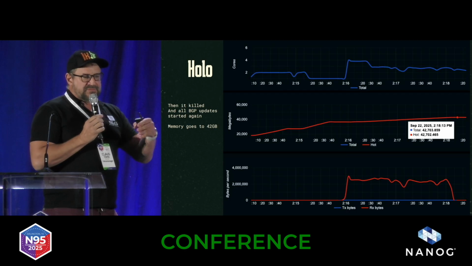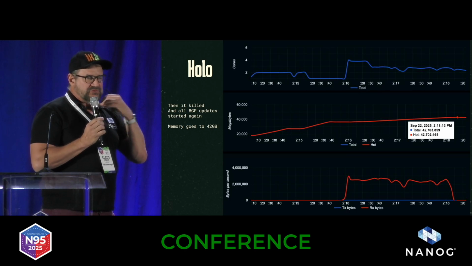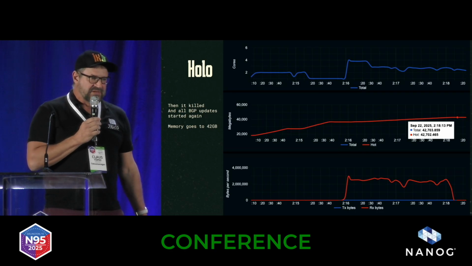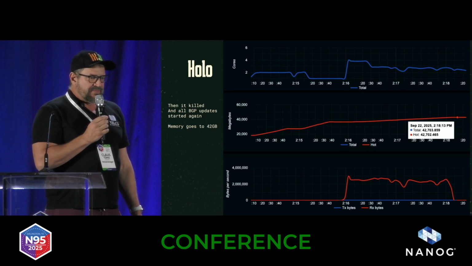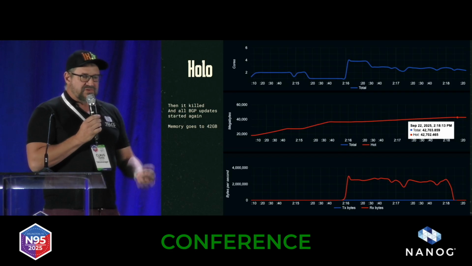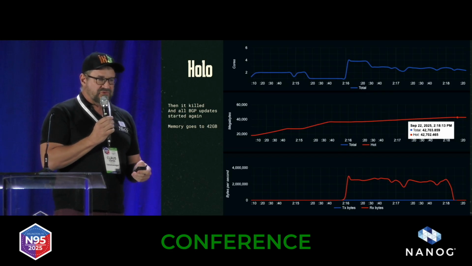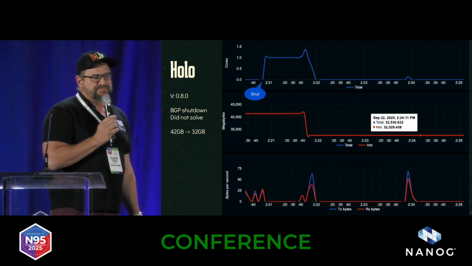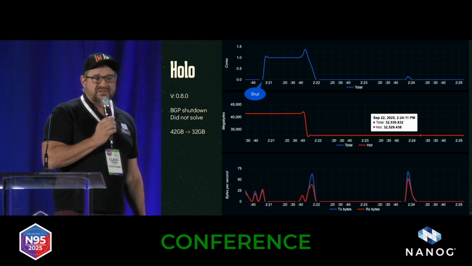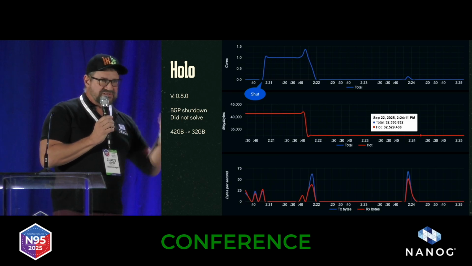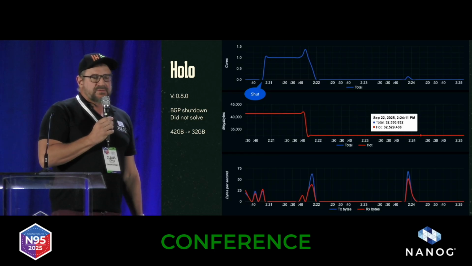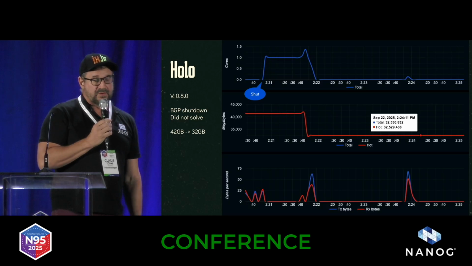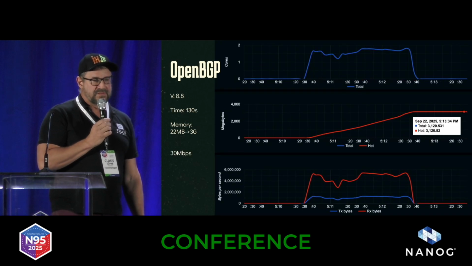So Holo needs some improvements in terms of those BGP problems, right? And one of them is this one here. The bandwidth and the memory were high, at 42 gigabytes. Then it drops to 32. Even though the shutdown didn't solve it, the memory is still at 32 gigabytes, which unfortunately is a lot. And it's the worst of all of the others in terms of memory.